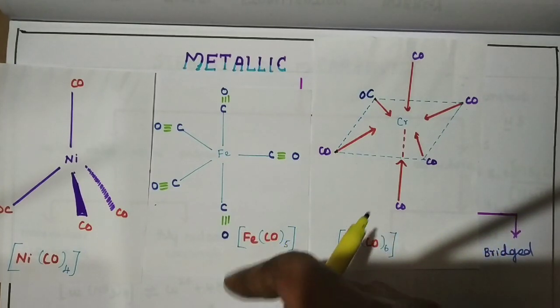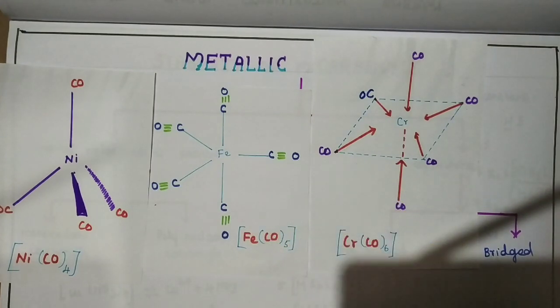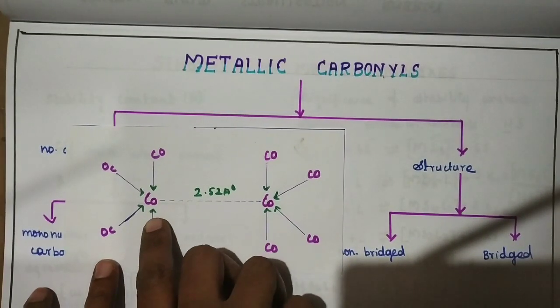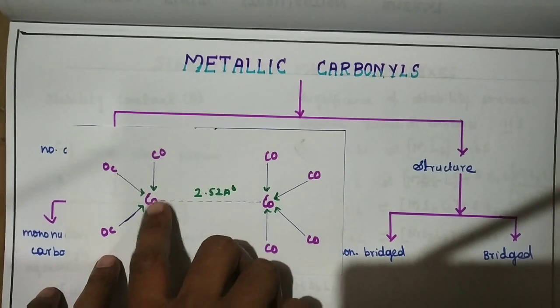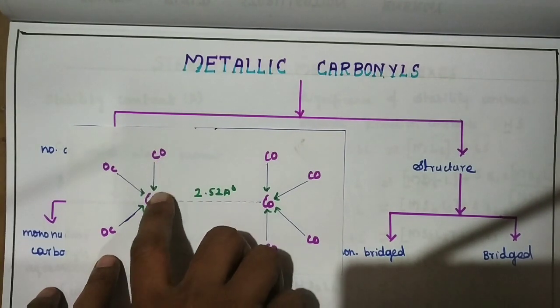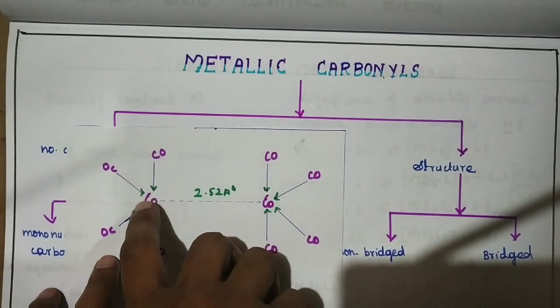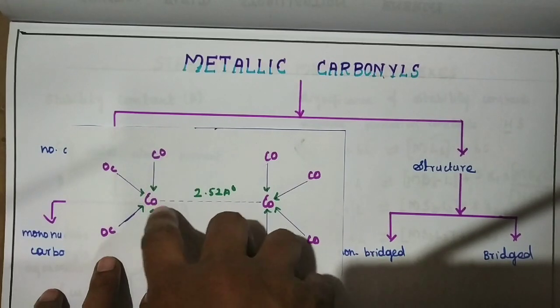Otherwise, in polynuclear carbonyls, 2 or 3 central metal ions will be present. Example, look at the picture. Here are 2 central metal ions, cobalt, and the carbonyls. See the difference: capital C, small o is cobalt, while both capital C and O is carbonyl.